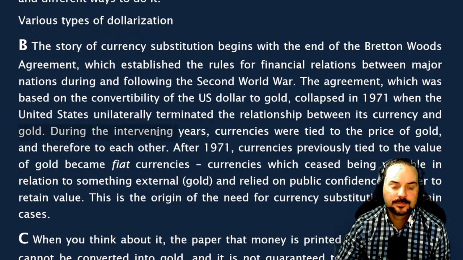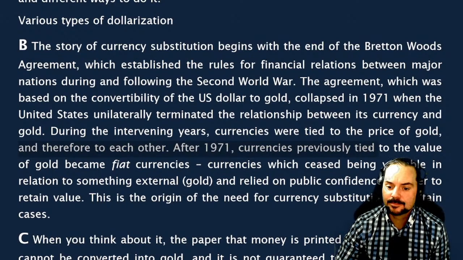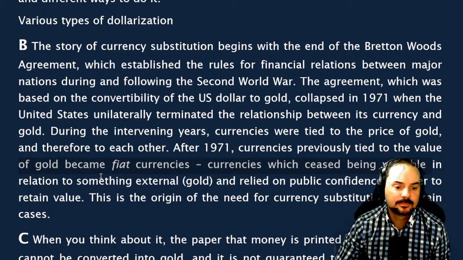During the intervening years, currencies were tied to the price of gold and therefore to each other. After 1971, currencies previously tied to the value of gold became flat currencies, currencies which ceased being.